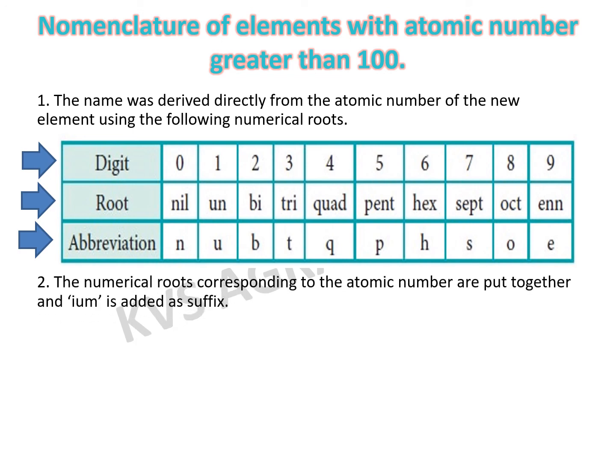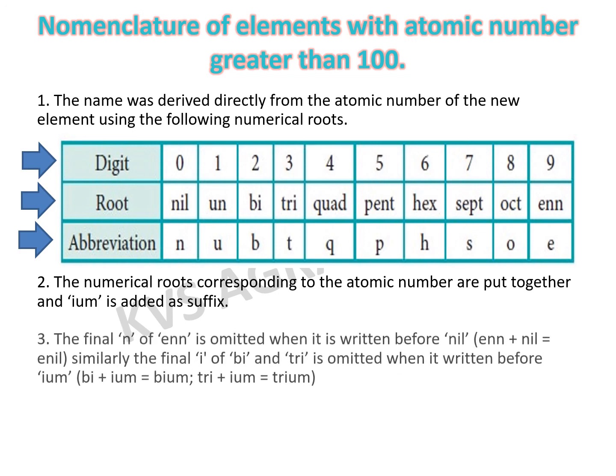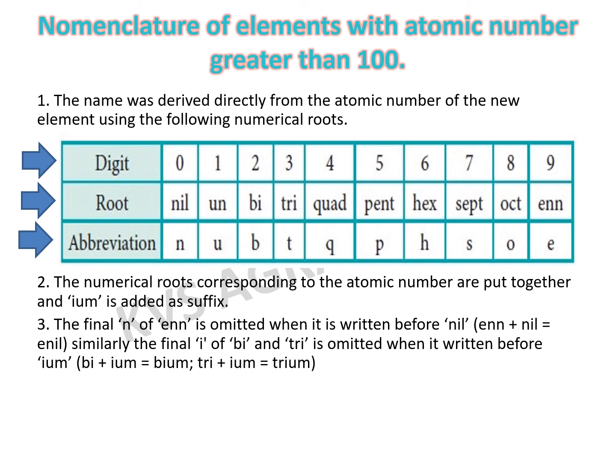The numerical roots corresponding to the atomic number are put together and ium is added as suffix. Thirdly, the final n of enn is omitted when it is written before nil. That is, enn plus nil is equal to enil. Similarly, the final i of bi and tri is omitted when it is written before ium.